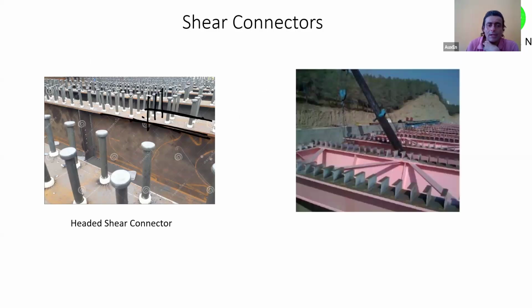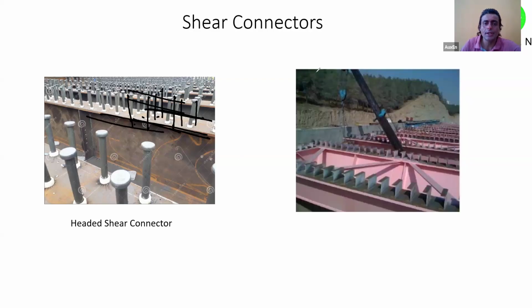Now on top of it, I will put my solid slab, and do the concreting work. So once I do my concreting, the concrete slab and the steel beam will act as a composite unit because of the presence of these shear connectors. Are you clear with this statement?